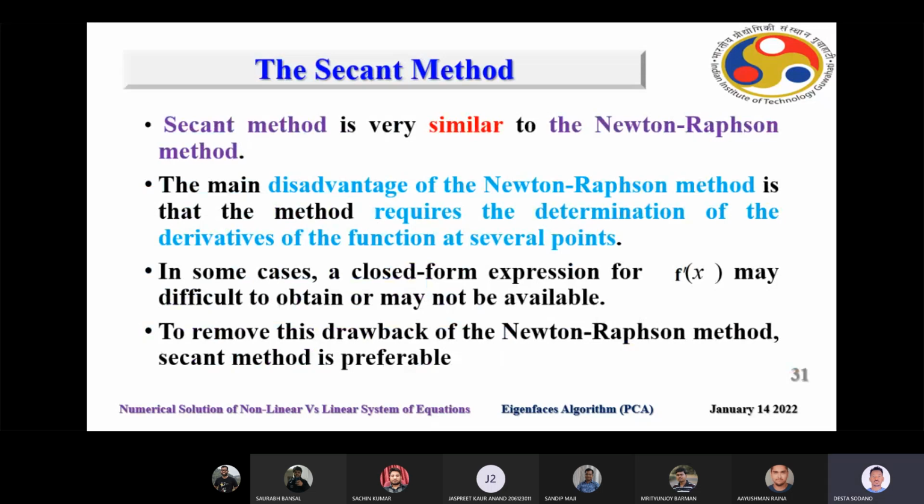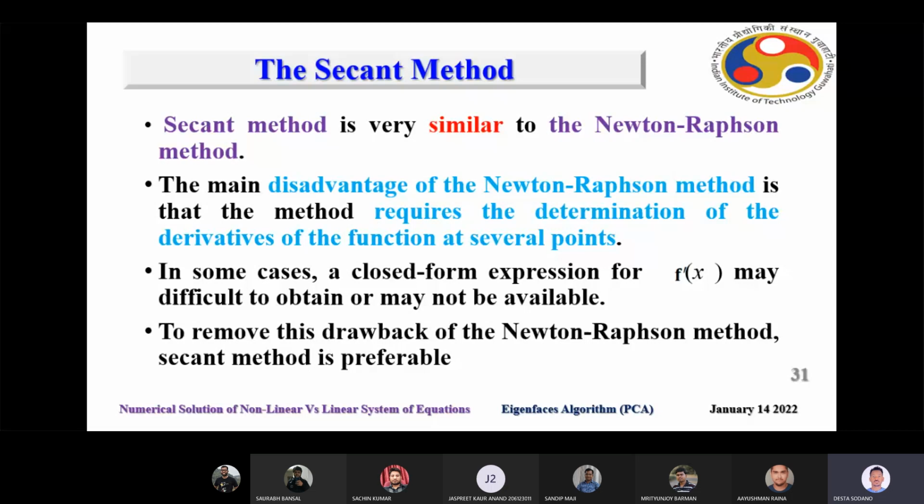But the secant method becomes a close variation, a remedy for this drawback of Newton method. We are removing the drawback of determining the derivative of the function several times from Newton method.